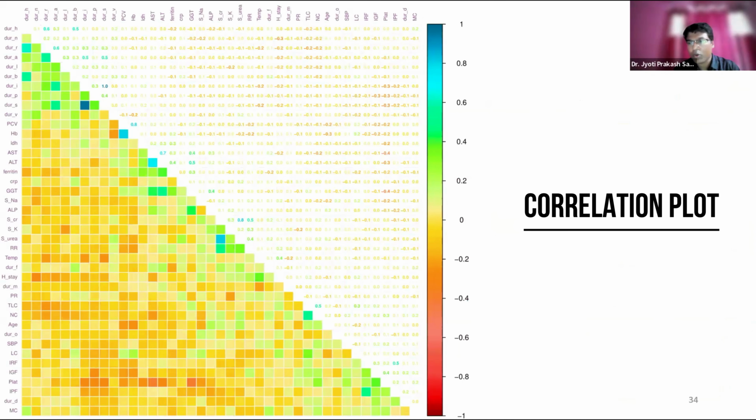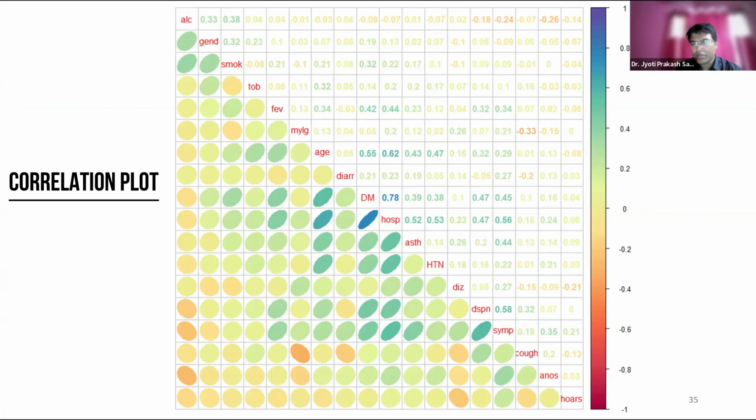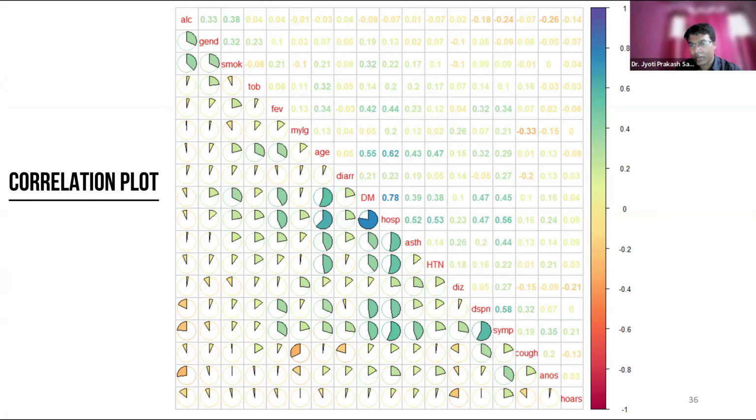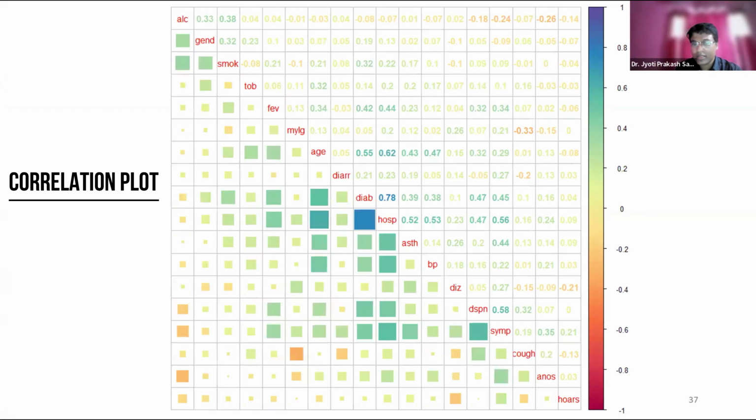This is the correlation plot. The colors represent the exact correlation coefficients. The upper segment represents the numbers, the correlation coefficient, and the lower segment represents the colors. The lower segments represent the ellipse. This is the clock pattern, the lower segment, the square pattern.